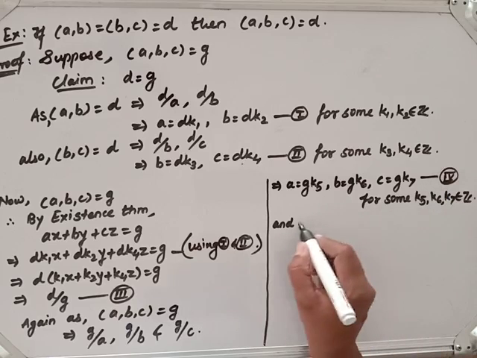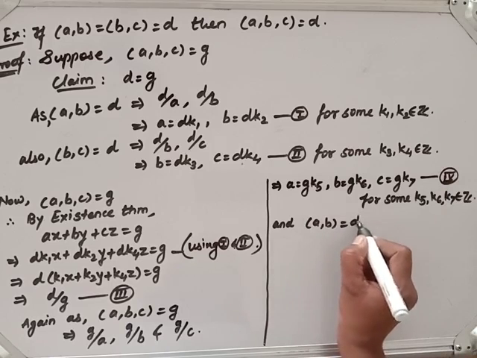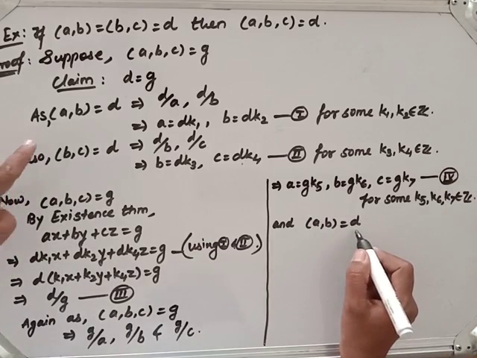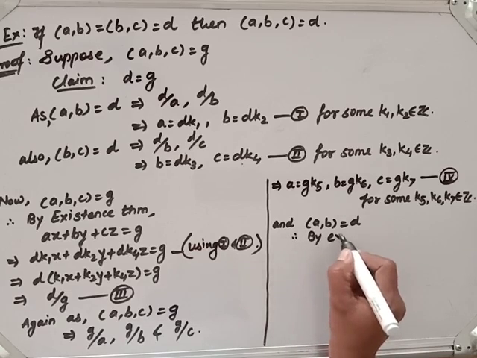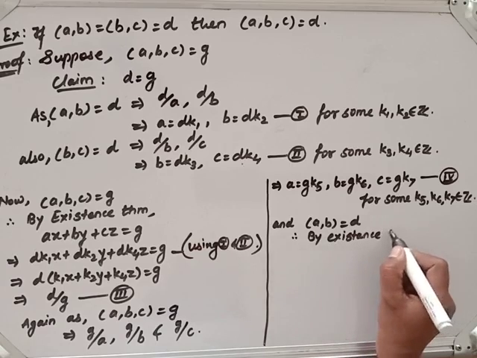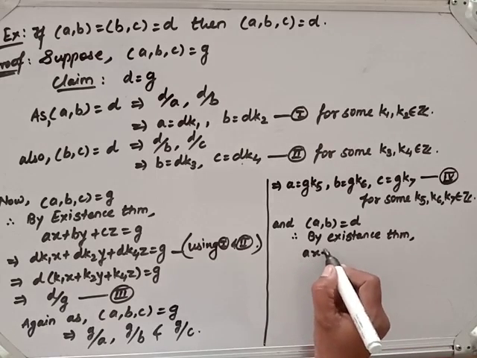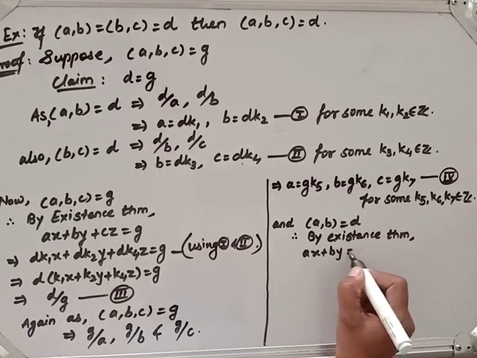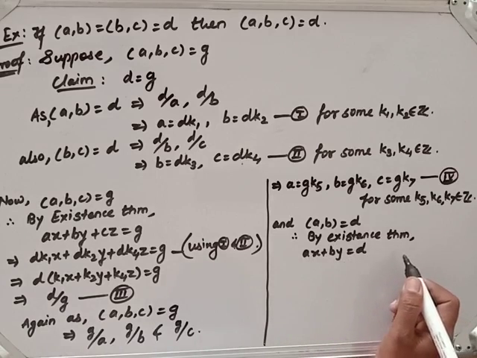Fine. Now the GCD of A and B is D. This is given to us. Therefore, by the existence theorem, we get Ax plus By is equal to D for some x and y in Z. Fine.